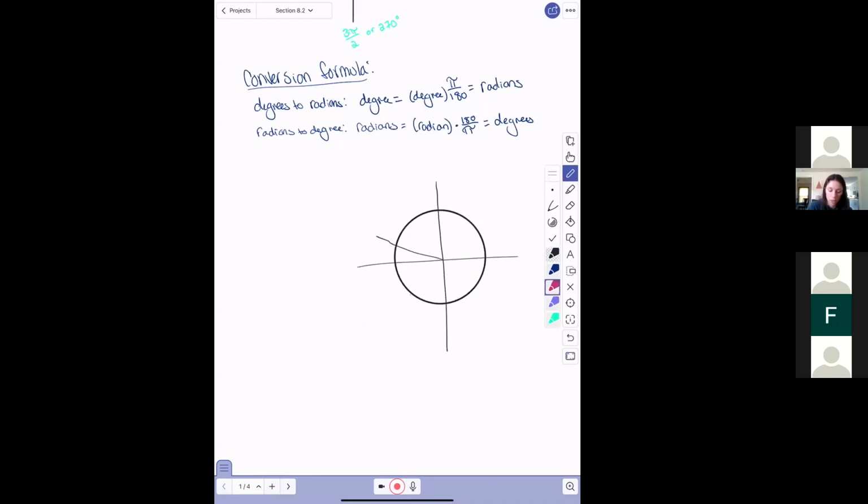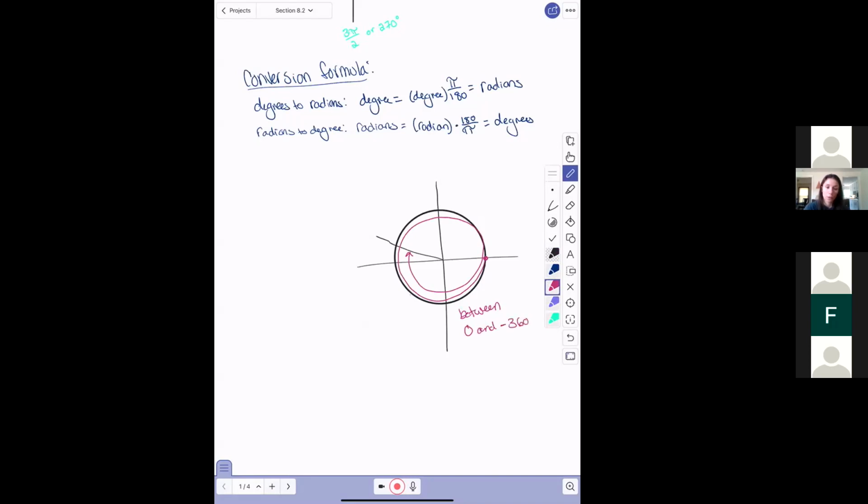Okay, so we're starting here, but we're moving in the negative direction. So we're going around at least once, and then we're going around this leftover amount. So we want to get it between 0 and negative 360.